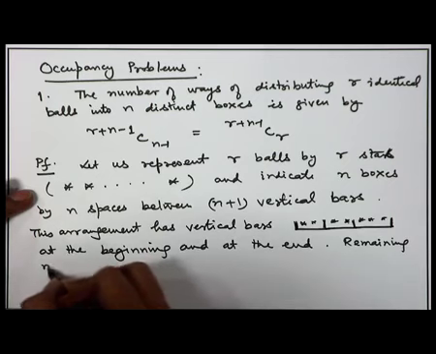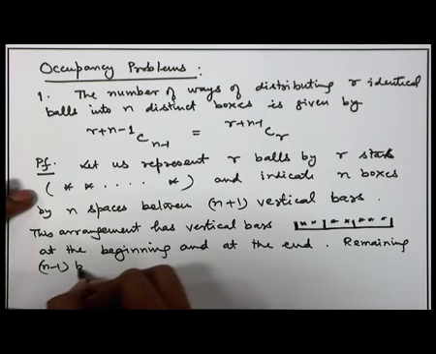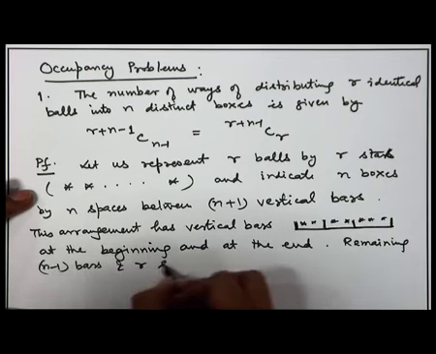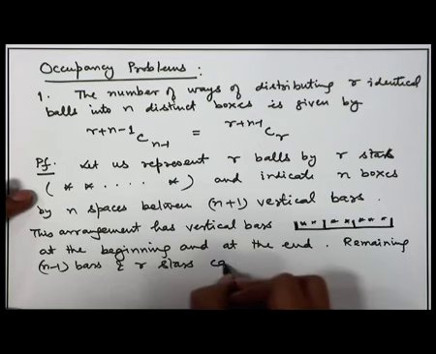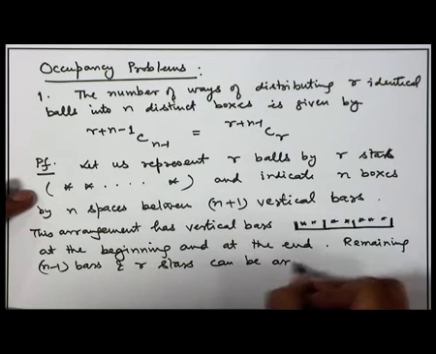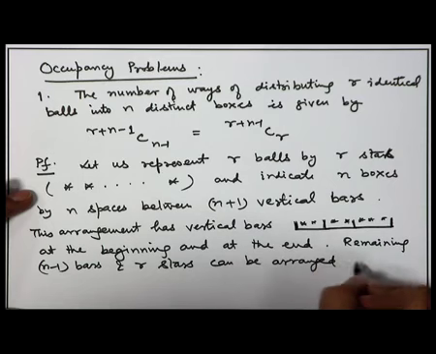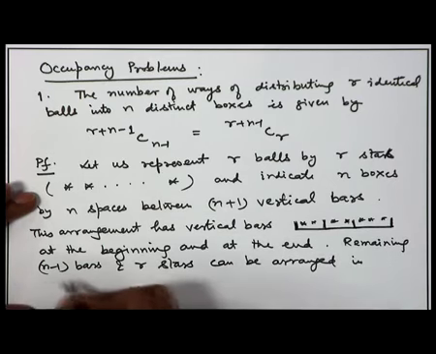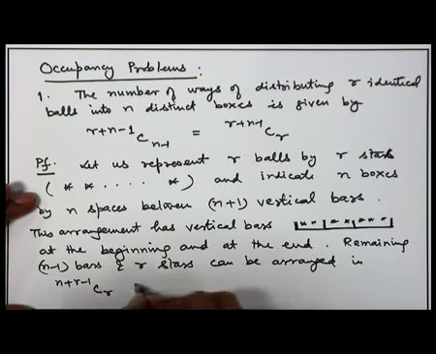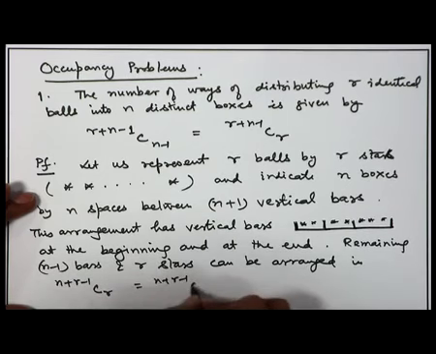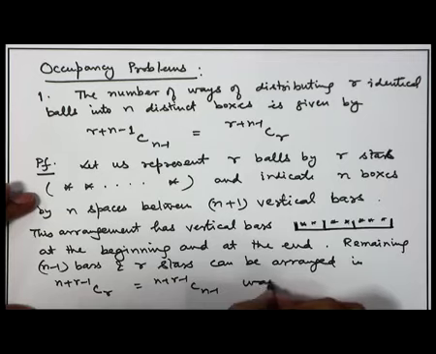The remaining n minus 1 bars and r stars can be arranged in n plus r minus 1 choose r, or n plus r minus 1 choose n minus 1 ways.